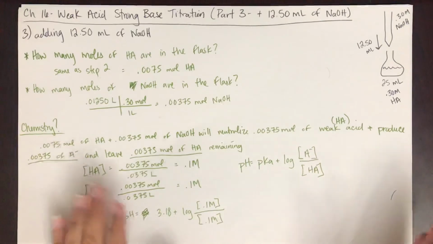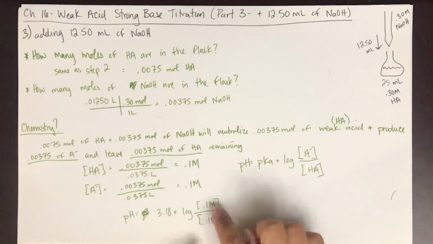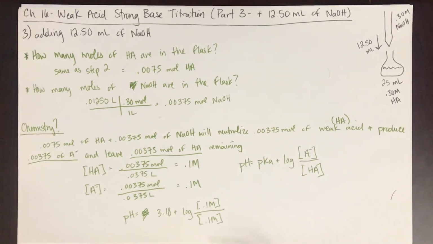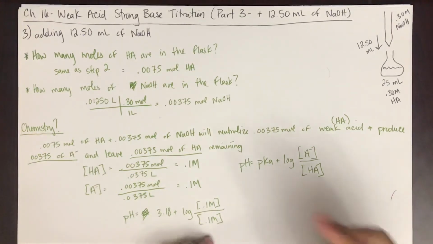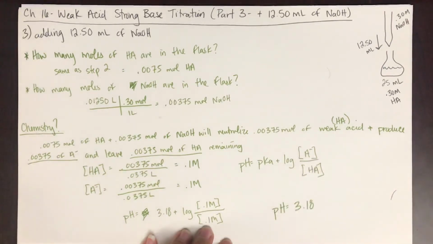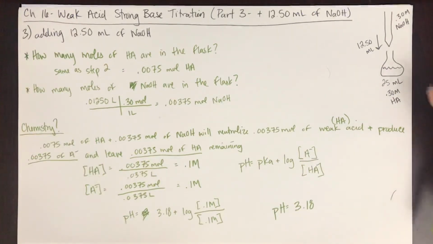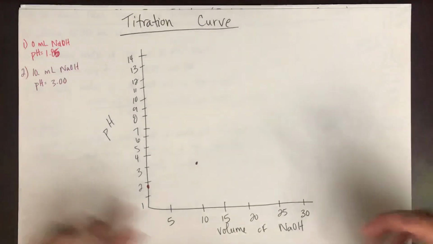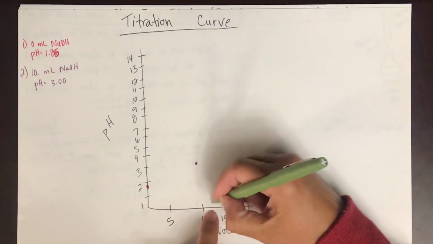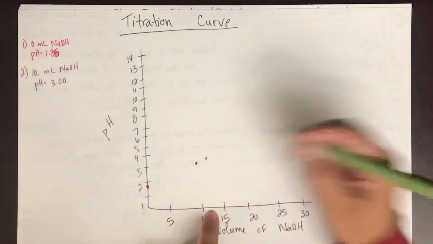What is true is that in a buffer, the pH equals the pKa when you have equal concentrations of weak acid and conjugate base. So here, pH equals 3.18. After adding 12.5 milliliters of sodium hydroxide, the pH inside our flask is 3.18. So back to our titration curve, I've added 12.5 milliliters, and my pH is going to be 3.18.